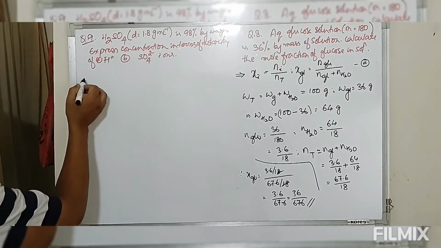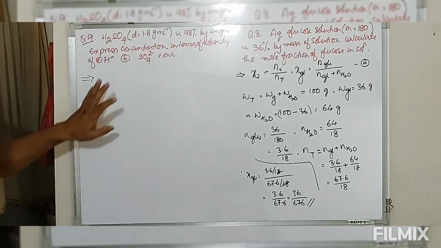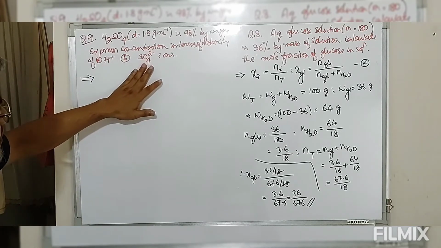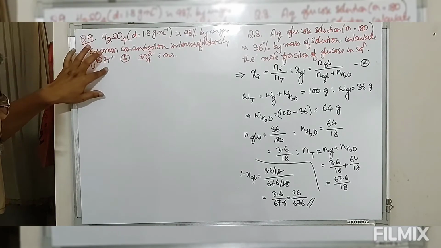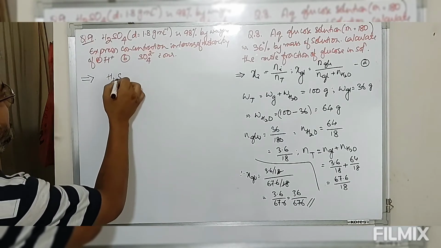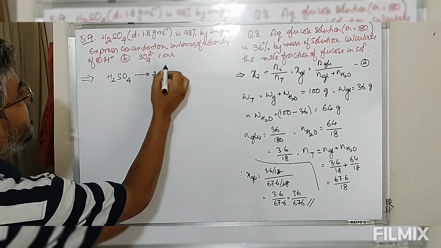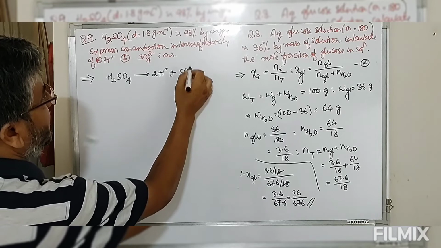So now look at this. To define the concentration of the solution in terms of H plus ion and sulfate ion, we need to find the concentration of sulfuric acid. Once we define the concentration of sulfuric acid, we can easily define the concentration of H plus ion and of sulfate ion. Because look at this, assuming 100% dissociation, this gives you 2H plus ion plus 1 sulfate ion.